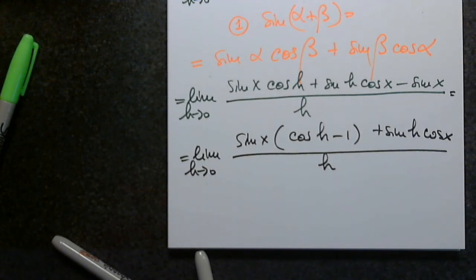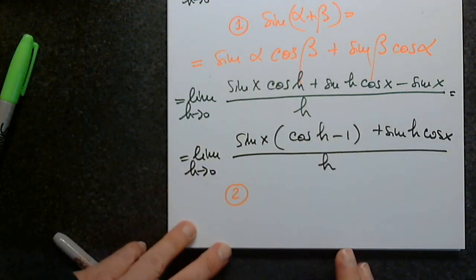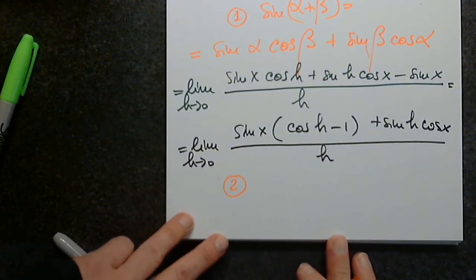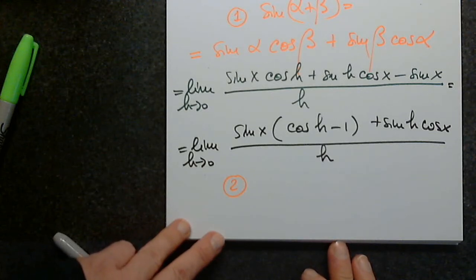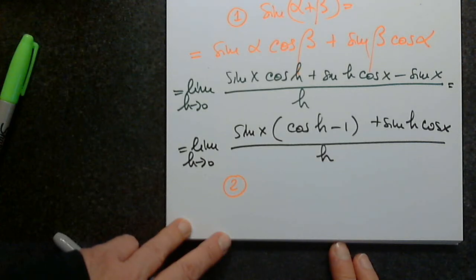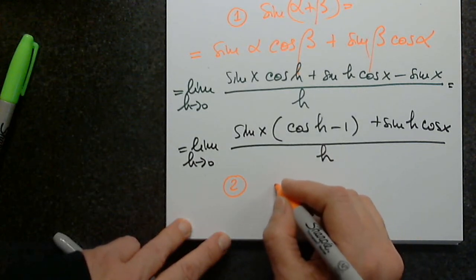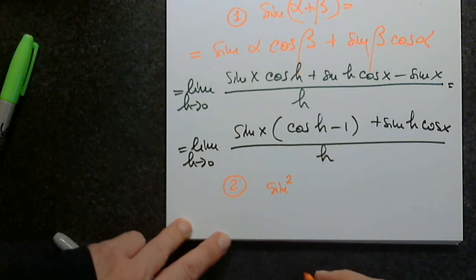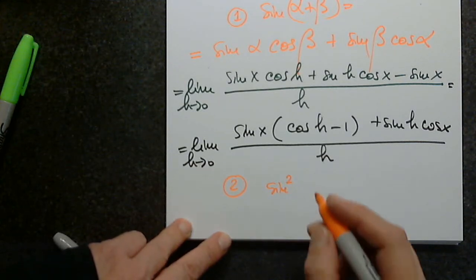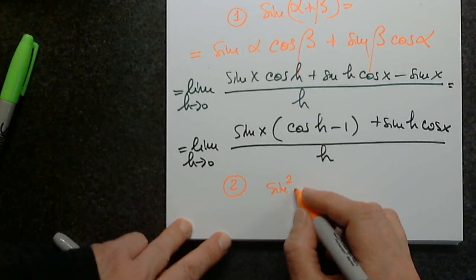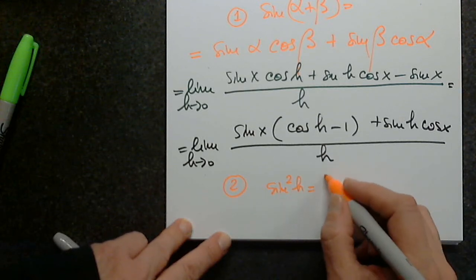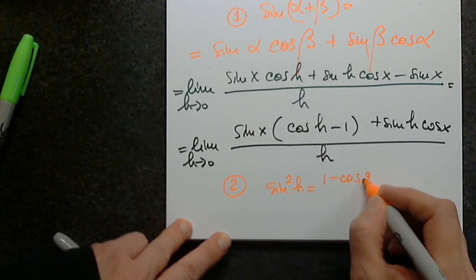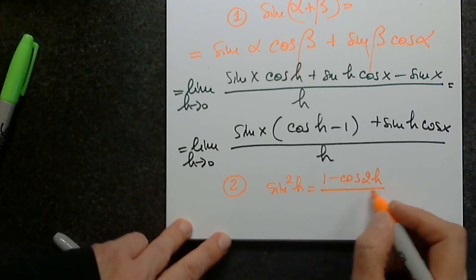Here is our second trig identity that we have to use. Number 2. Sine squared h equals 1 minus cosine twice h divided by 2.